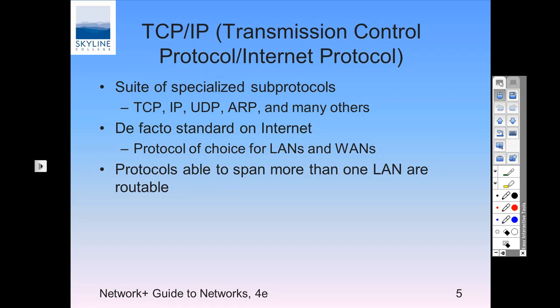Protocols may be able to span more than one LAN, are routable. Routable and not routable. NetBIOS, I know we've beaten it to death, but NetBIOS is not a routable protocol, which means that it can be used to contact computers within its own network.